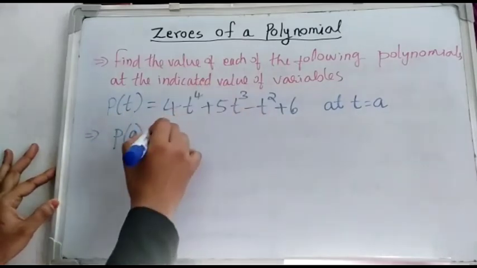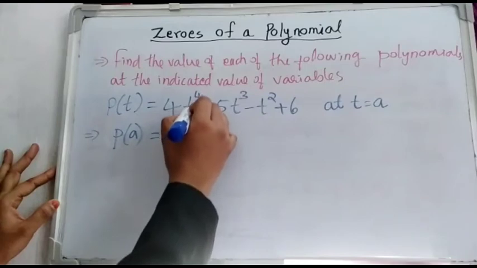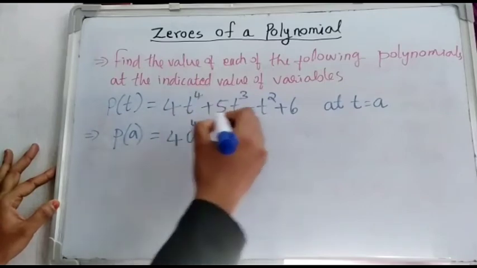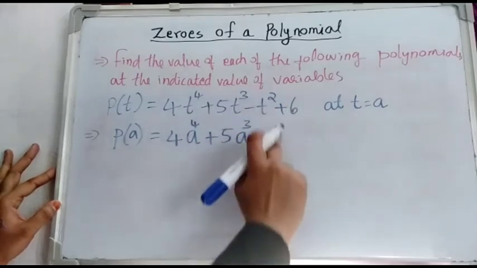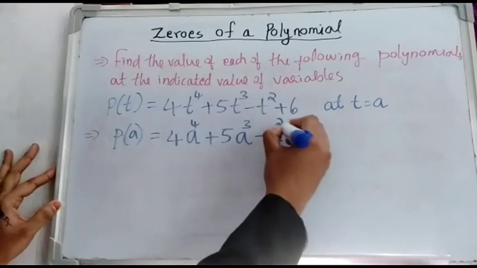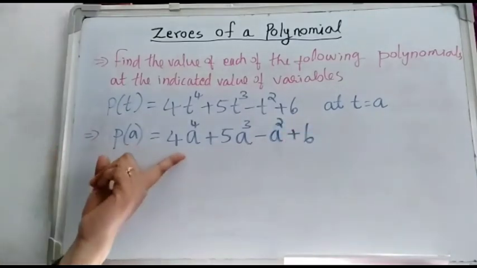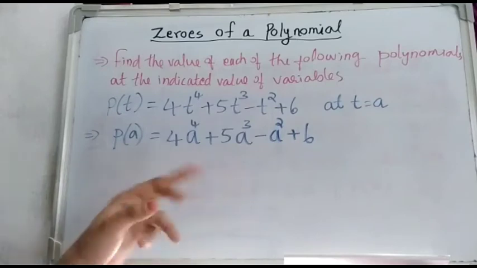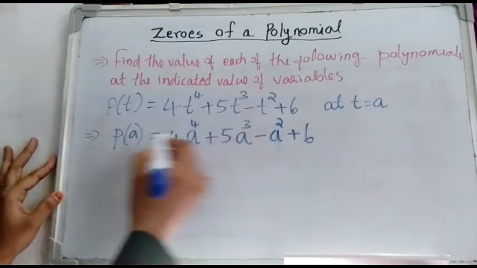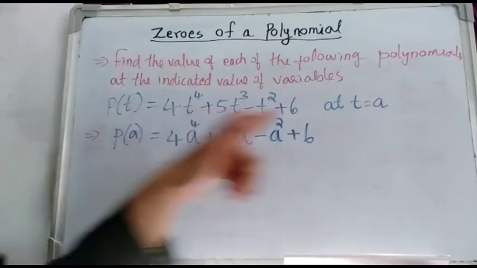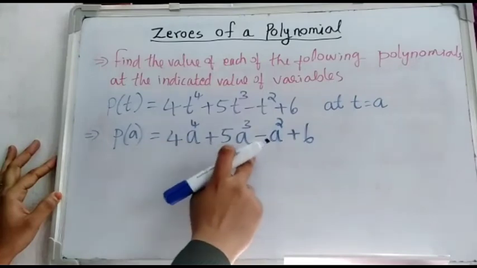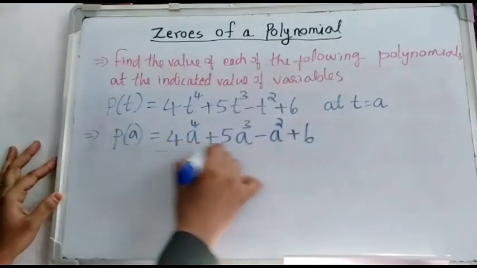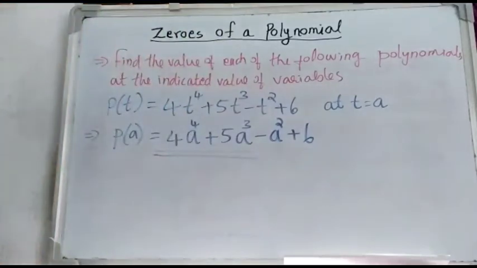P of a is equal to 4 into t raised to 4 is a raised to 4, plus 5 a cube minus, sorry, not t, a square plus 6. We cannot do anything more. This is the simplest form. So, value of p of t at t is equal to a is p of a is equal to 4a raised to 4 plus 5a cube minus a square plus 6. This is the value of this polynomial at t is equal to a.